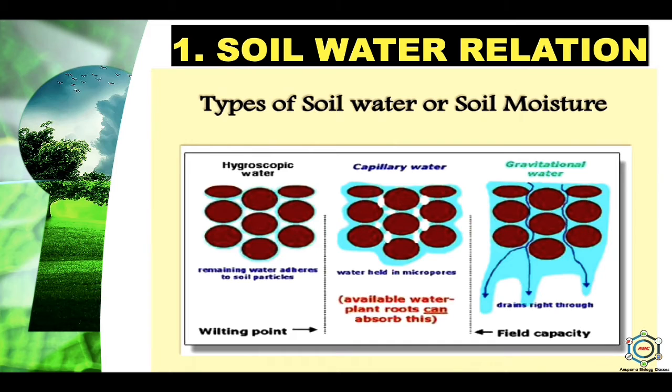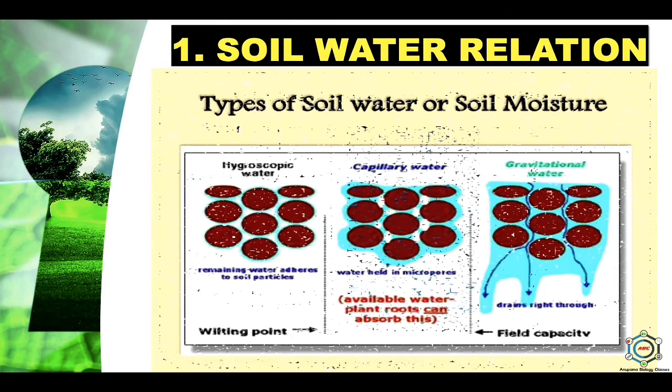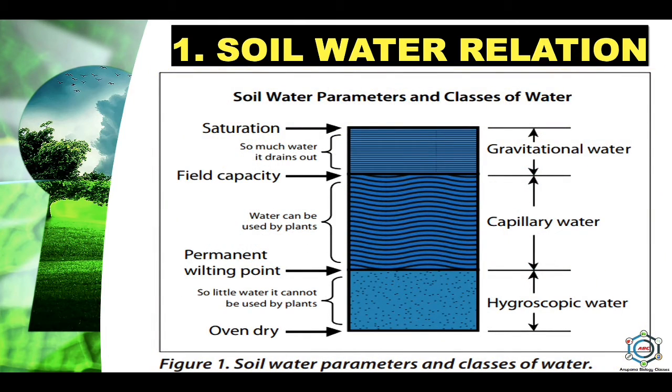If we talk about the gravitational water, after a heavy rain, the surface layer of the soil is temporarily saturated. It temporarily displaces air from the large spaces between the soil particles and gradually penetrates through the dry layers of the soil under the influence of gravity.